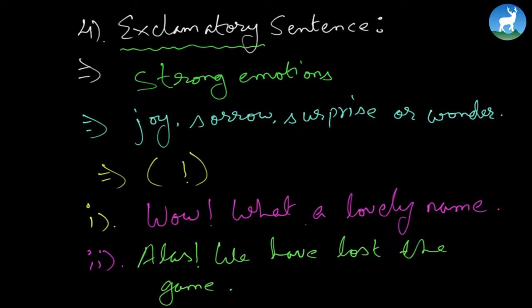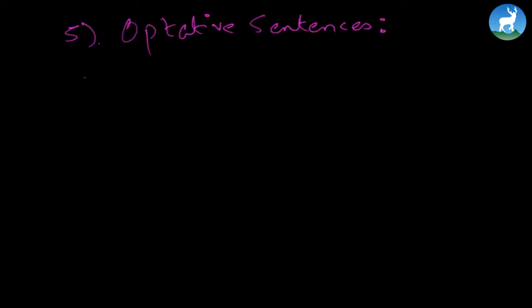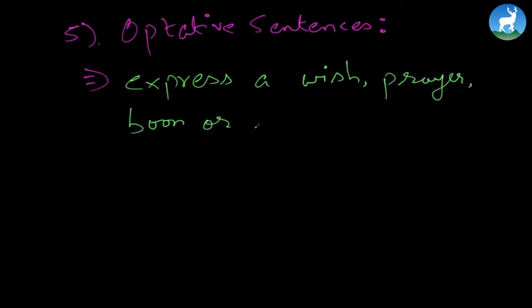The final one is what we call the optative sentence. That's number 5. So what is an optative sentence? When you deal with optative sentences, they are sentences which express a wish, prayer, boon, or a curse.